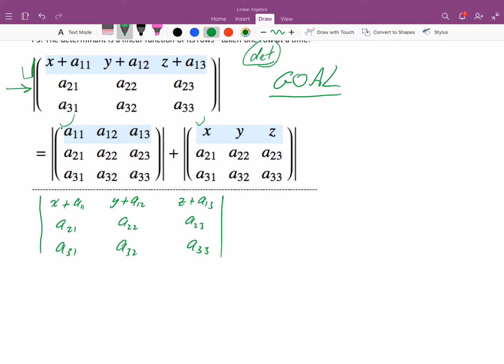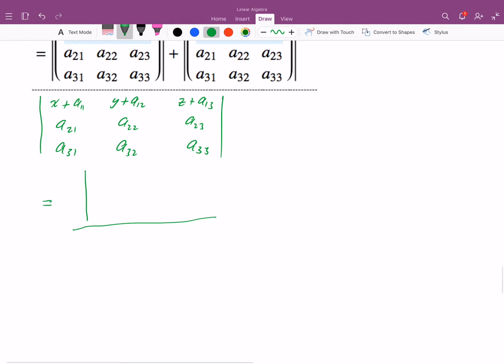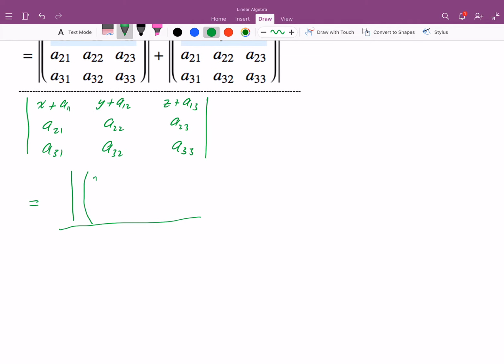Okay, and so according to the definition, this is equal to the determinant of the matrix x plus a11, y plus a12, z plus a13, etc., times b. So it's the determinant of that product divided by the determinant of b. That's just the definition that we've established, and we want to show how linearity plays out.